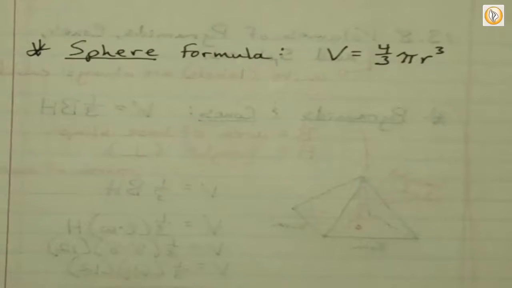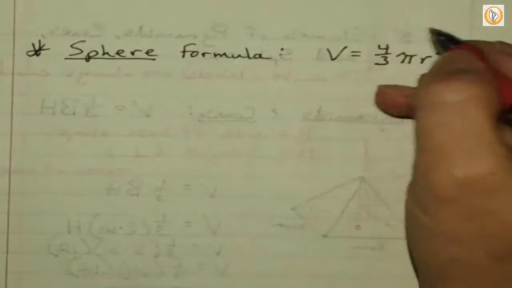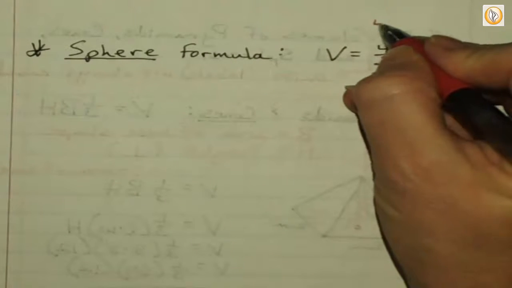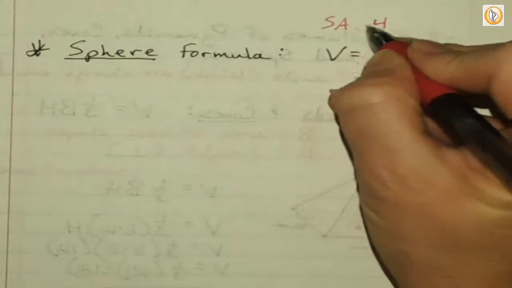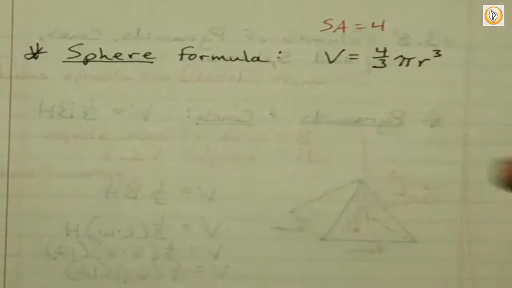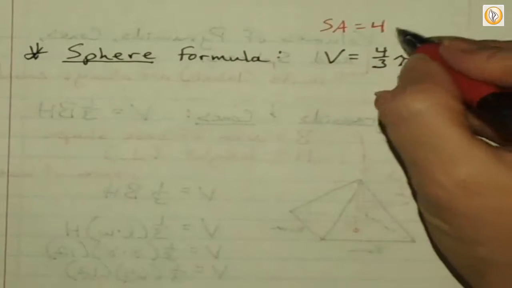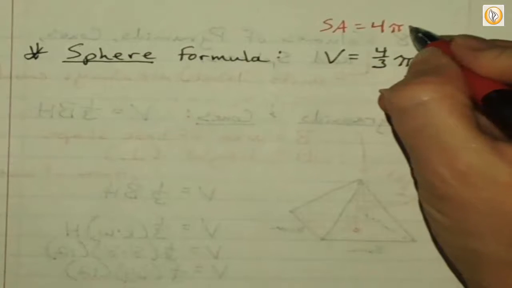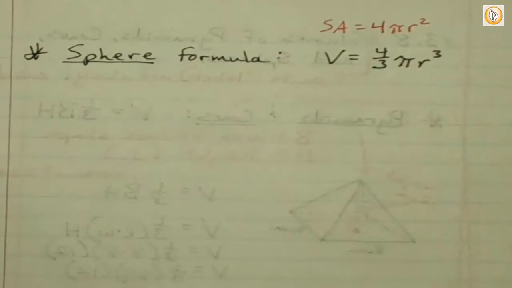SA equals 4 pi times r squared. Okay, so for surface area of a sphere, thank you, Cecilia, it was 4 pi r squared, right?